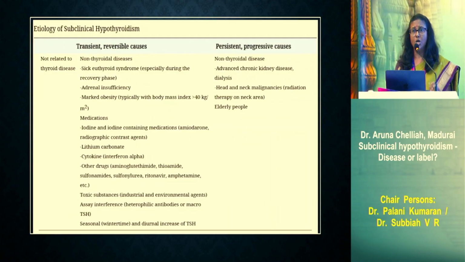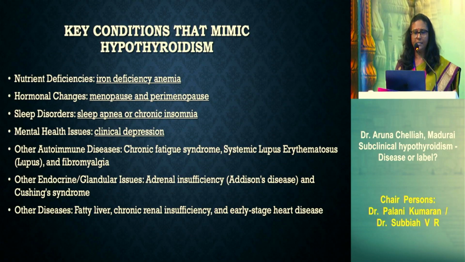Then again, causes not related to thyroid disease, transient and non-progressive. This is again very important. One thing is CT iodine overdose, please remember that. Lithium has now become a favorite of the psychiatrists, it has come back into popularity. And morbid obesity, as we know, we had the beautiful talk yesterday, and non-thyroidal diseases like chronic kidney disease.